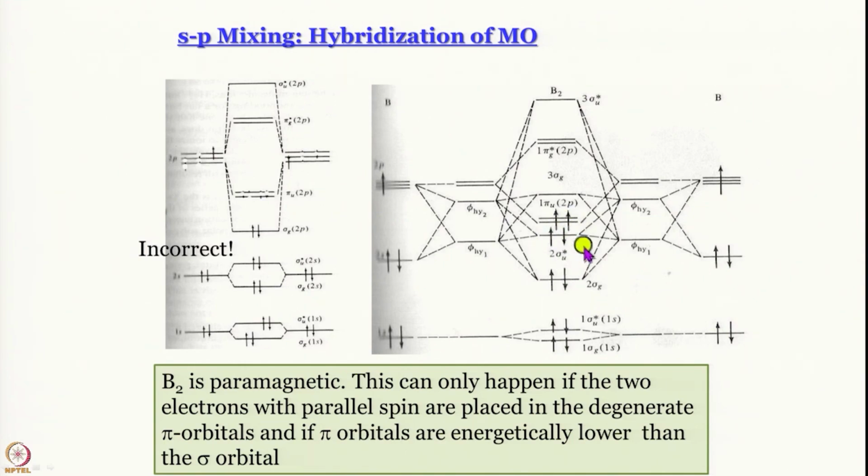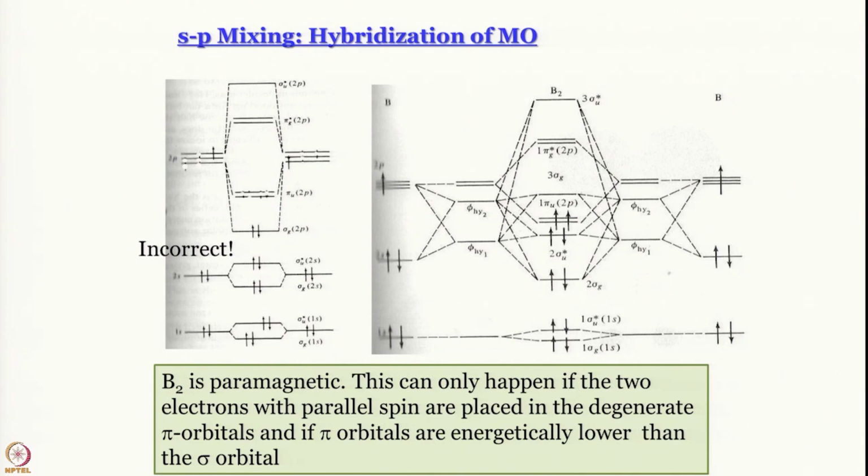Paramagnetism indicates that the electrons are unpaired, which can only happen if the HOMO is a set of two degenerate orbitals, that is, pi orbitals. So this model of sp mixing nicely explains not only nitrogen, but also the behavior of other molecules with smaller Z that would have appeared to be anomalous. There are many where there would be no problem at all.